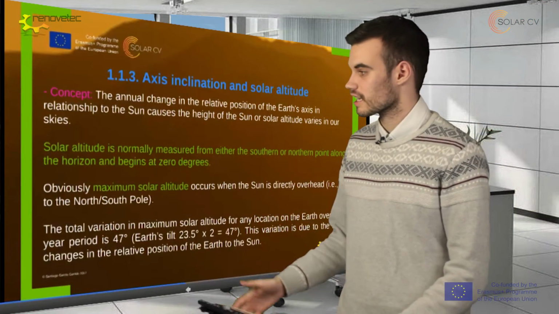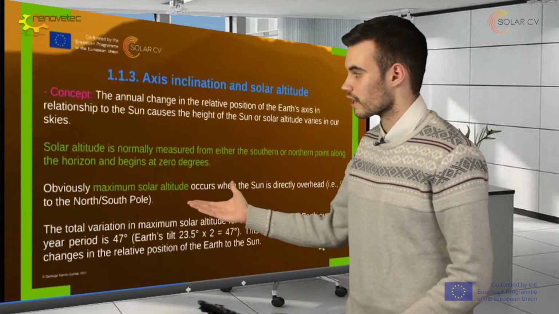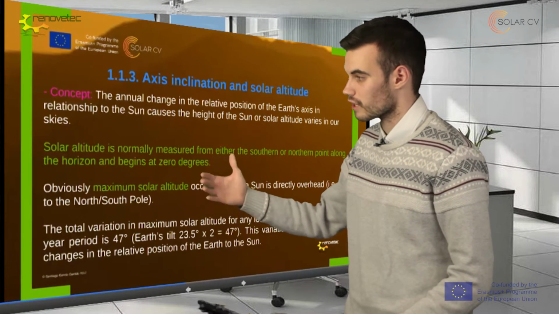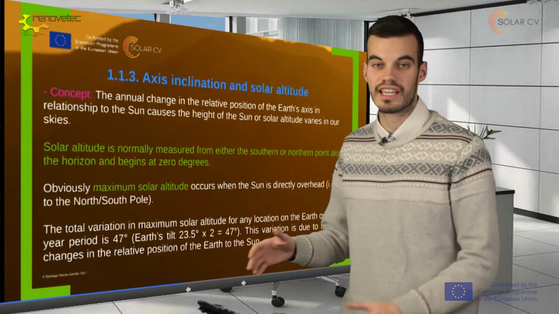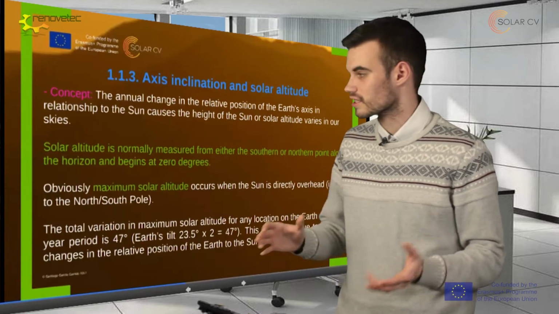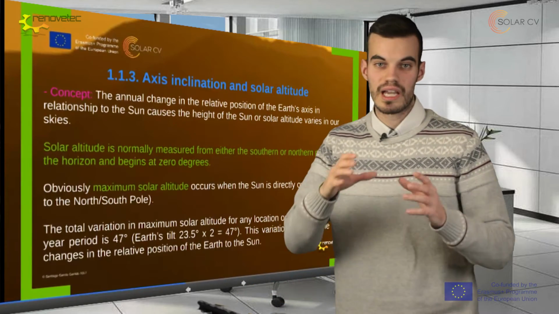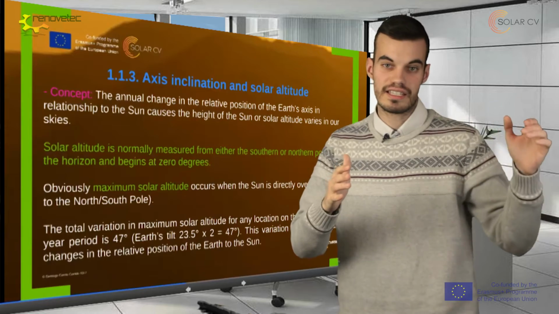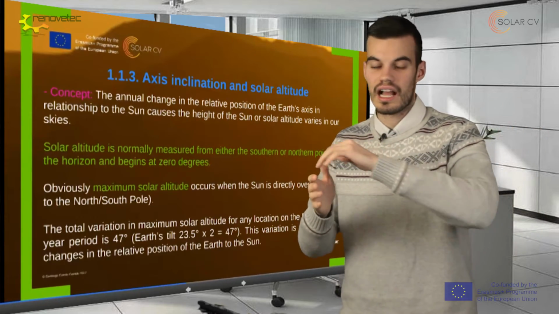The annual change in the relative position of the Earth axis in relationship to the Sun causes a different height of the Sun. So we are going to have a different height of the Sun along the year.